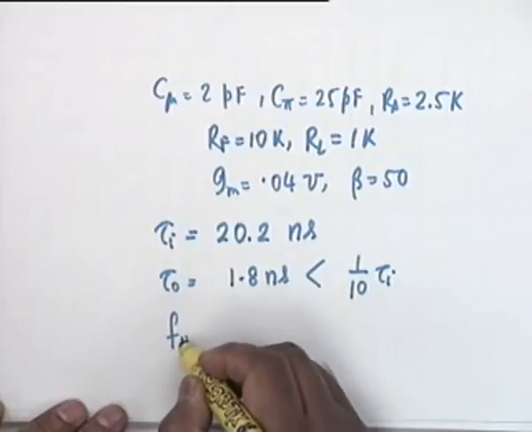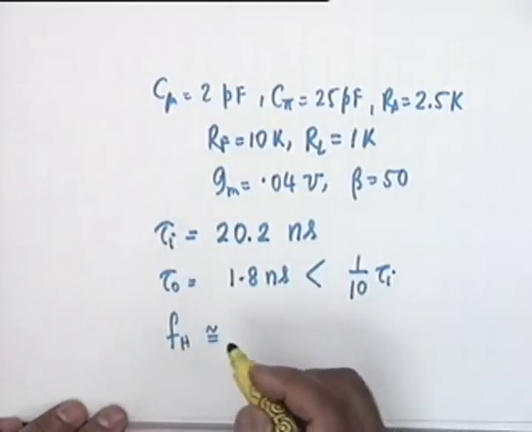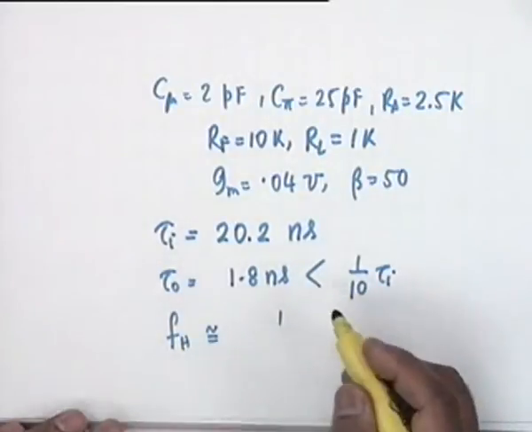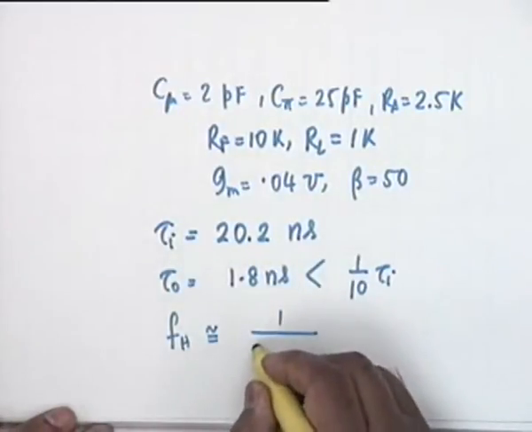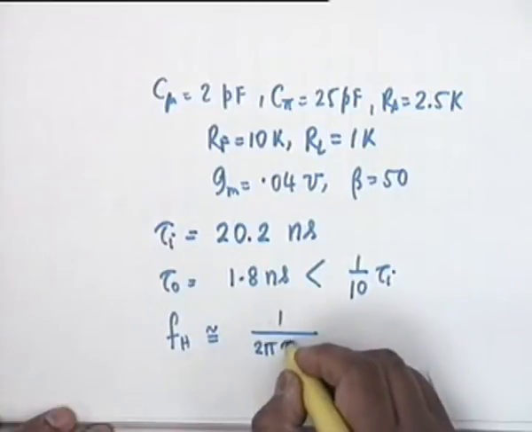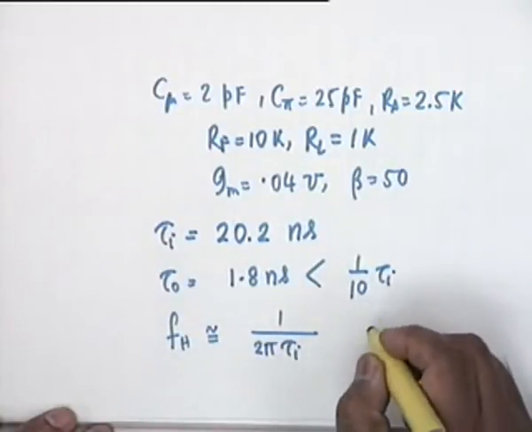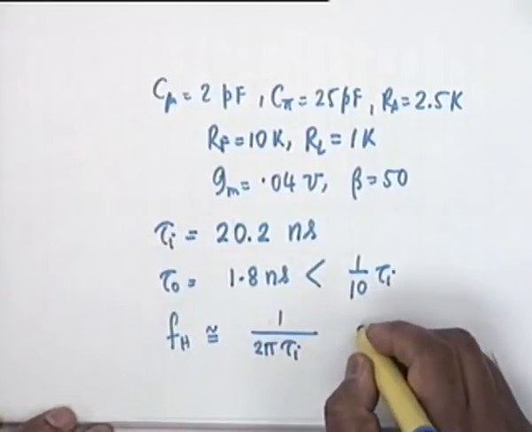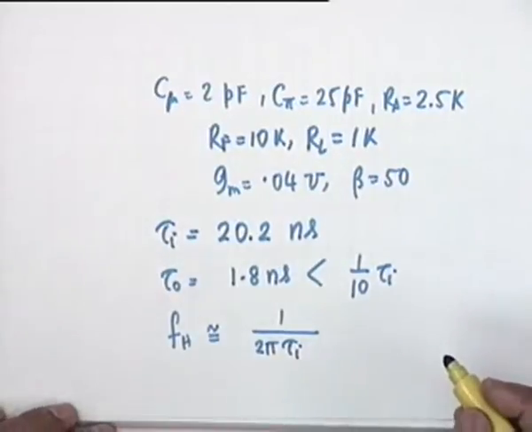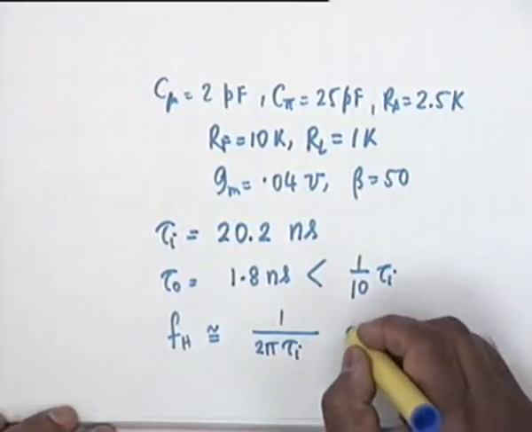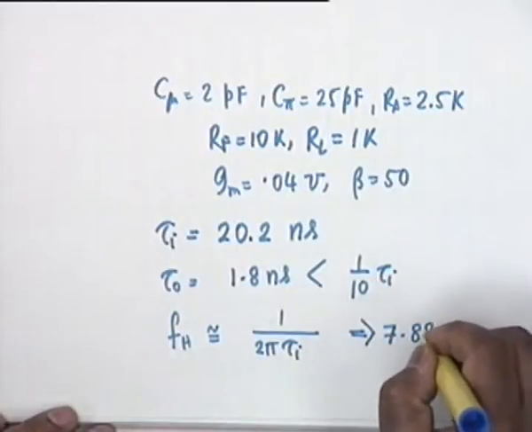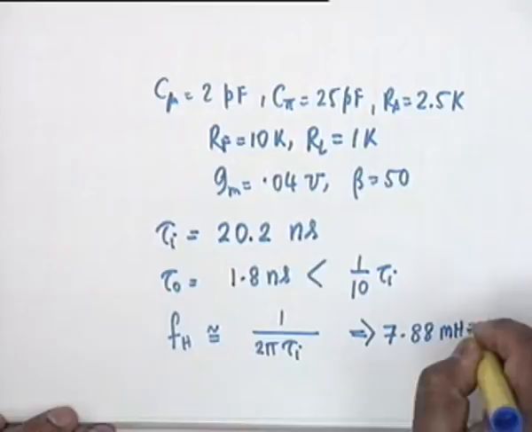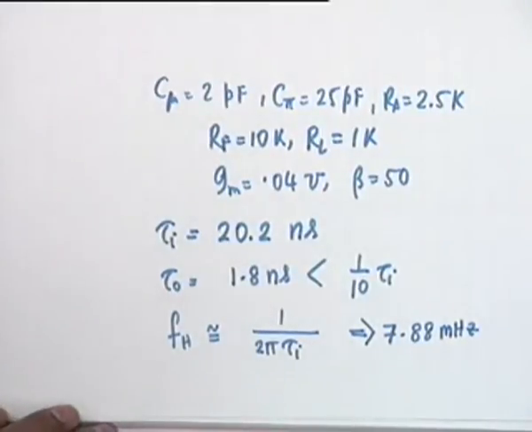Therefore, FH is approximately equal to 1 by 2 pi tau I, or you can add tau naught, but my result here is 7.88 megahertz.